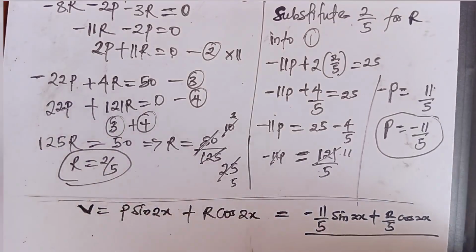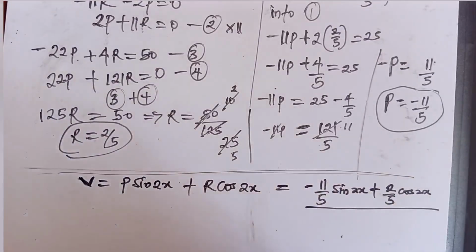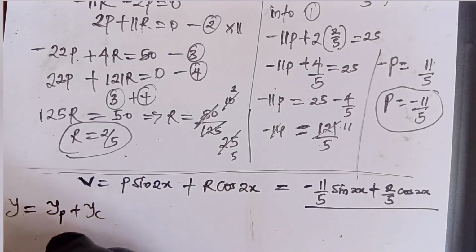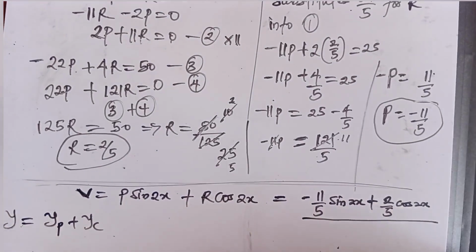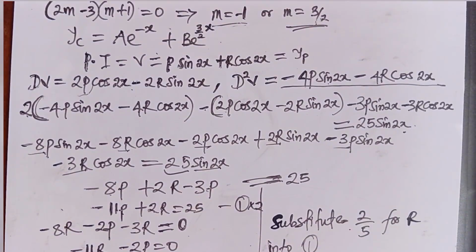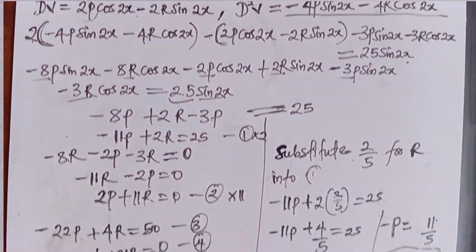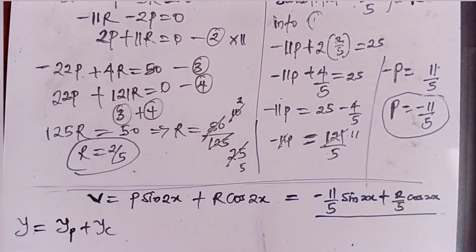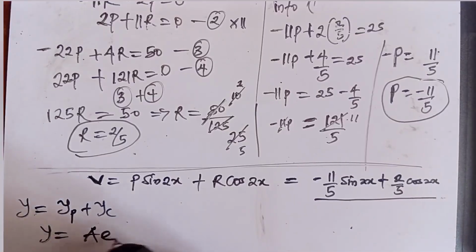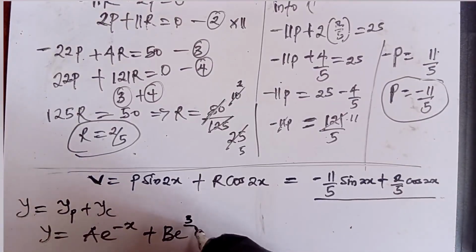So what is going to be the general solution now to this differential equation? The general solution is simply the particular integral plus what? The complementary function. The complementary function, by our calculation, is Ae^(-x) plus Be^(3/2 x). So let's write that down. y is equal to Ae^(-x) plus Be^(3/2 x).